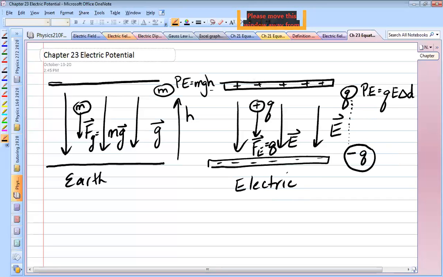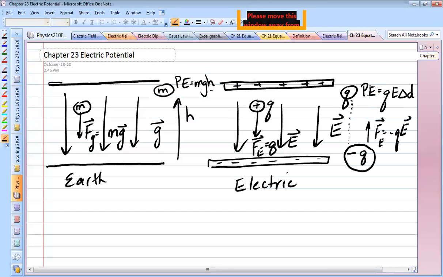And because it's falling, just like a falling mass, it will lose potential energy and gain kinetic energy. So this thing will accelerate up. And the force on it, the electric force, is up because of this negative charge. So it'd be negative QE. You do actually put the negative value in there. But everything else is the same. It has kinetic energy, potential energy, energy is conserved. It just goes the opposite direction.